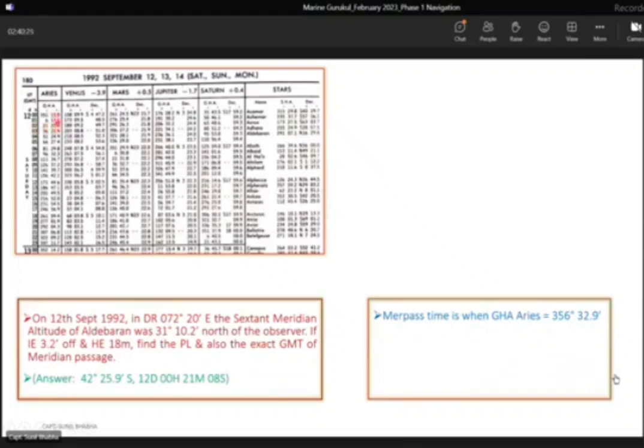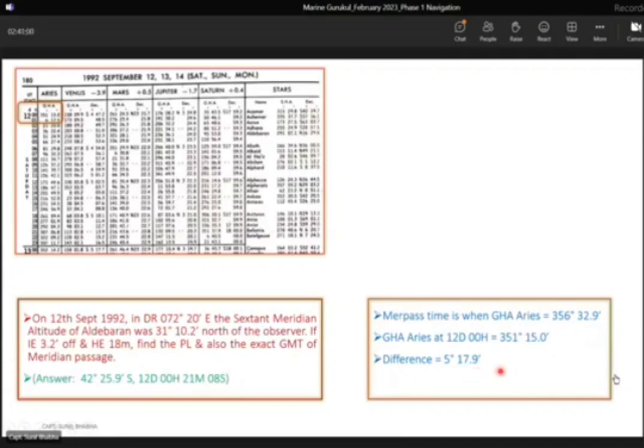So our value would lie somewhere in between 00 and 01. Let's note down the value of GHA Aries at 12th day 00 hours, which is 351 degrees 15.0 minutes. The value which we require is 356 32.9. So let's find the difference. The difference comes out to be 5 degrees 17.9 minutes.